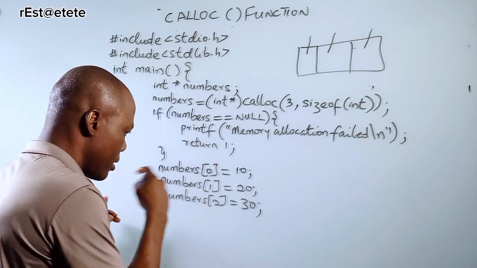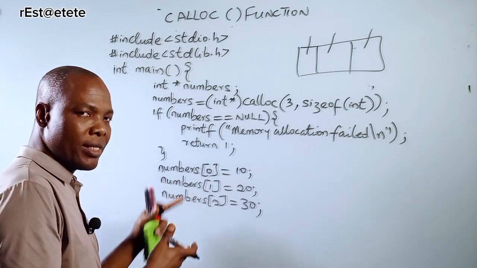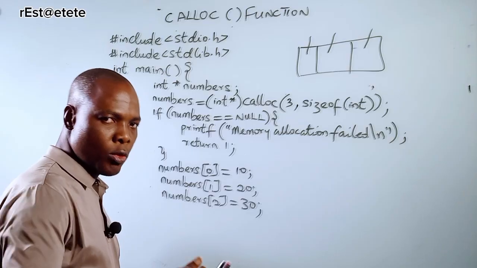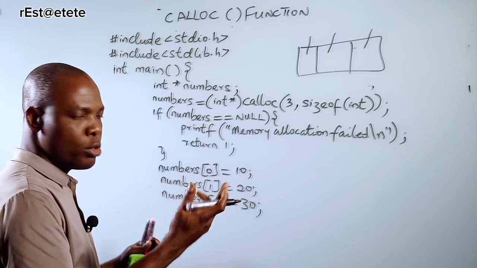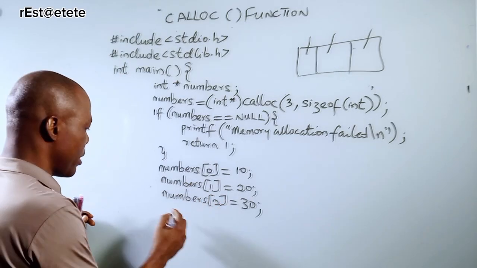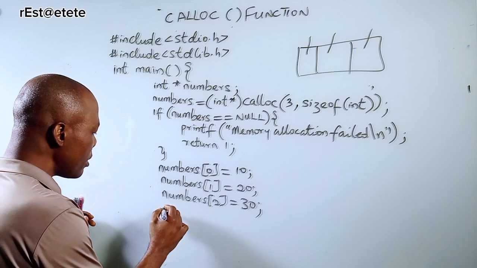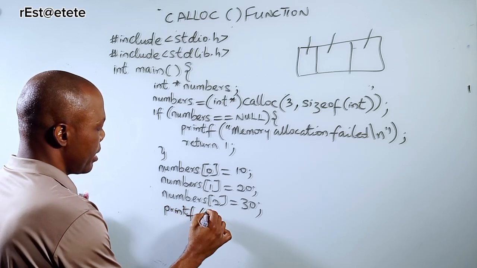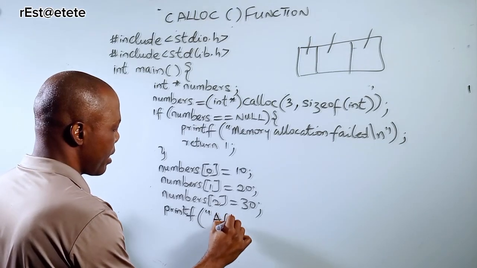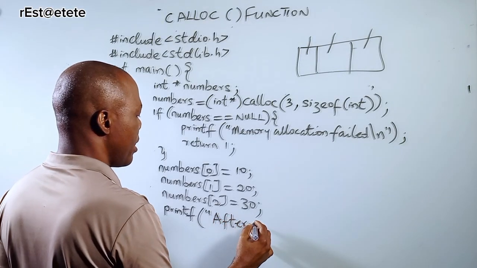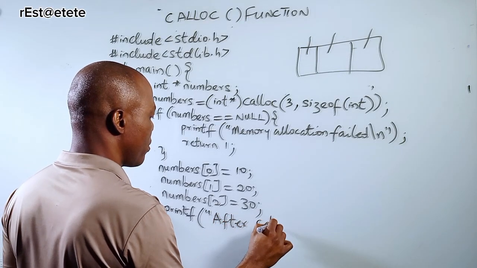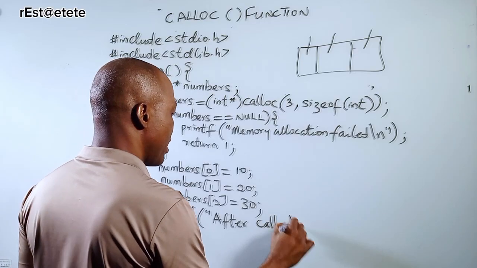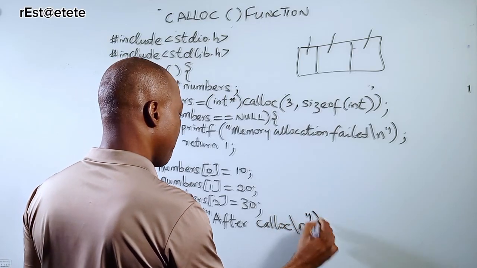Now that is done. I'm going to access my memory to pull things out and show them on the screen. So I'll say printf, the same thing I did there, after calloc, backslash n.